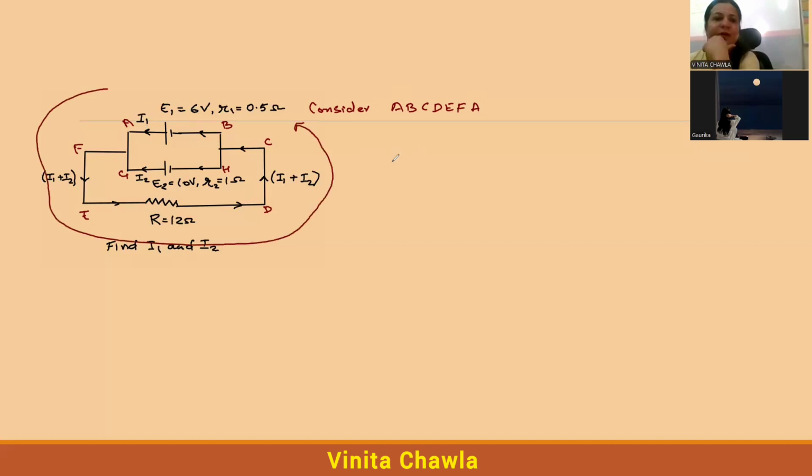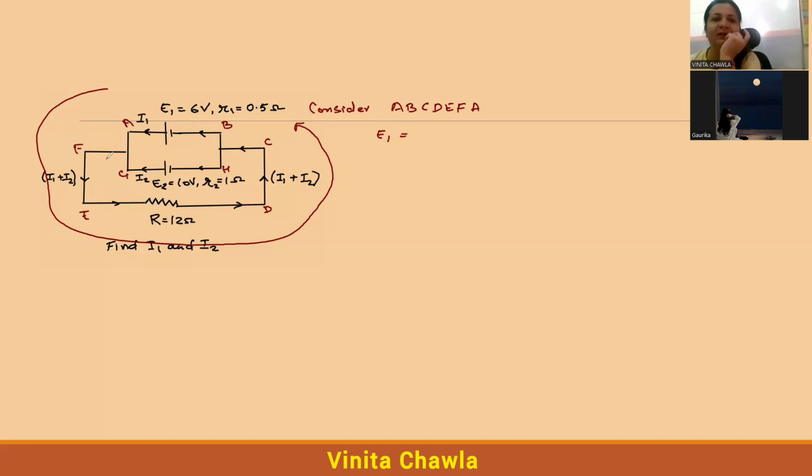Okay, let's write. So it's E1 first. So E1 plus 6 is equal to... We are moving from the positive terminal of E1. So we are considering E1 as positive. Now let's go to F and then to E, then to R. We are following the direction of current, right?